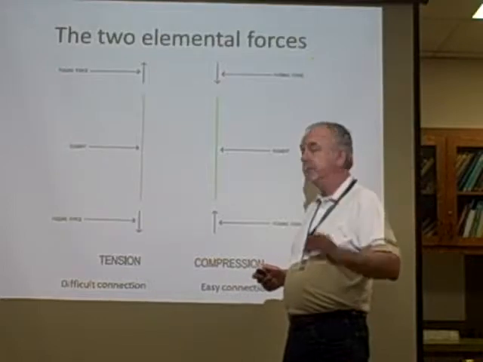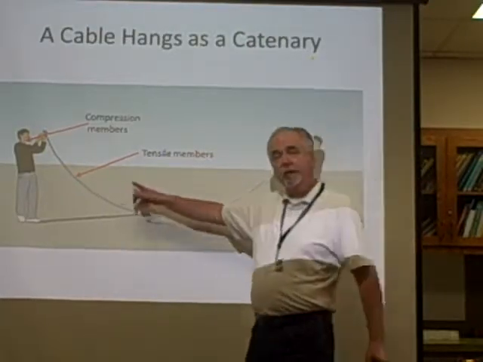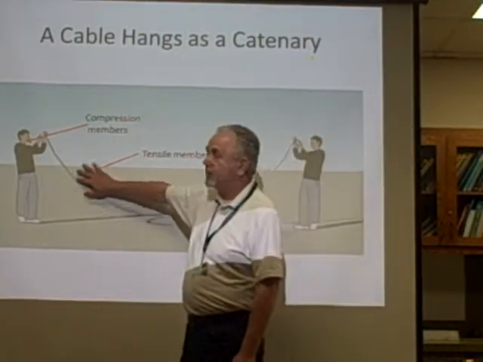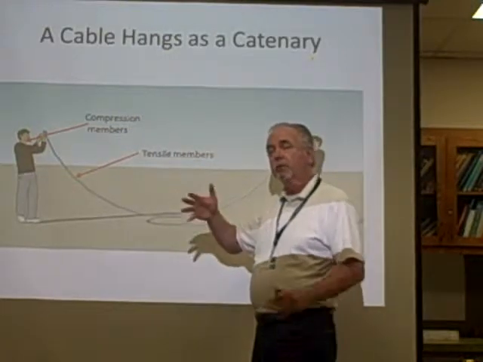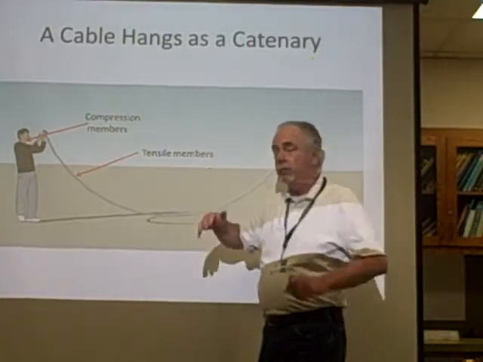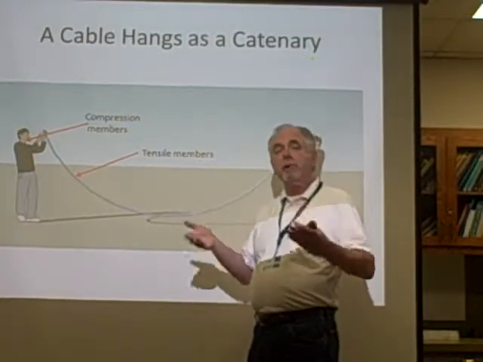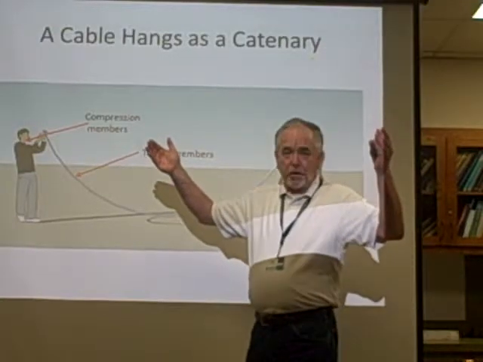So here's two guys holding a rope, and suppose it's a pretty heavy rope, so they'd feel it, and the shape of this rope forms a curve. And in statics and mechanics, you'll calculate the shape of that curve based on its span and load and so on. But just remember that it forms a curve. That curve is called a catenary, and it's a natural shape of a tensile member essentially being draped.